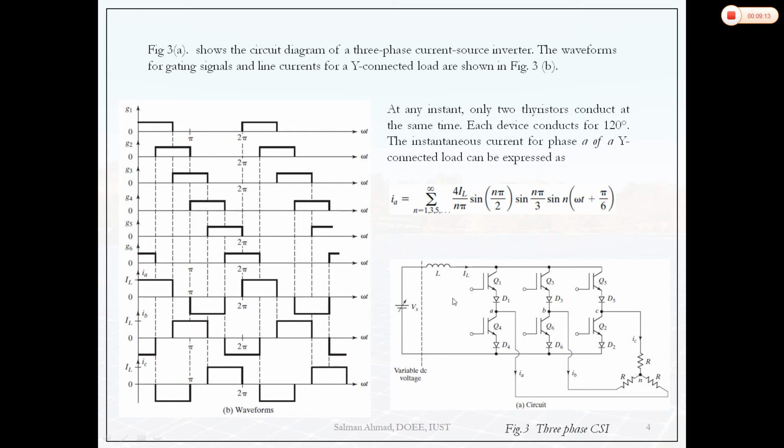This is a very high value inductor that will ensure that this IL is almost constant. If you want to change the magnitude of IL, we have to change this input voltage.